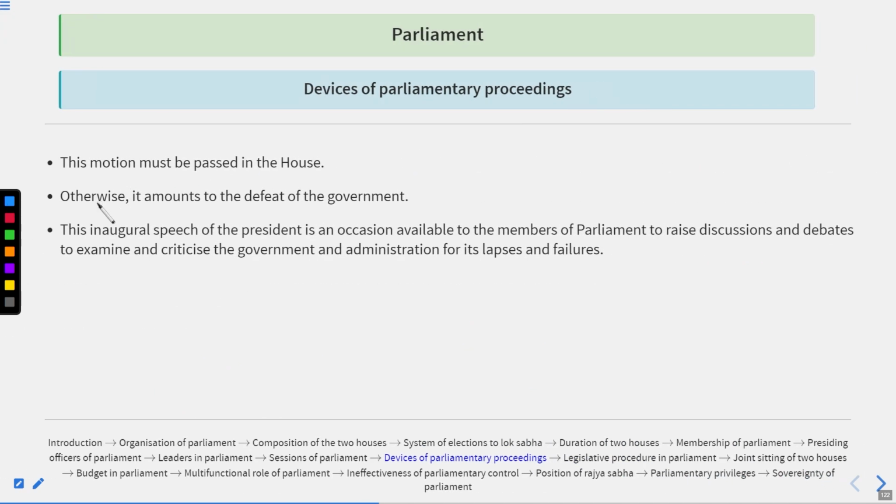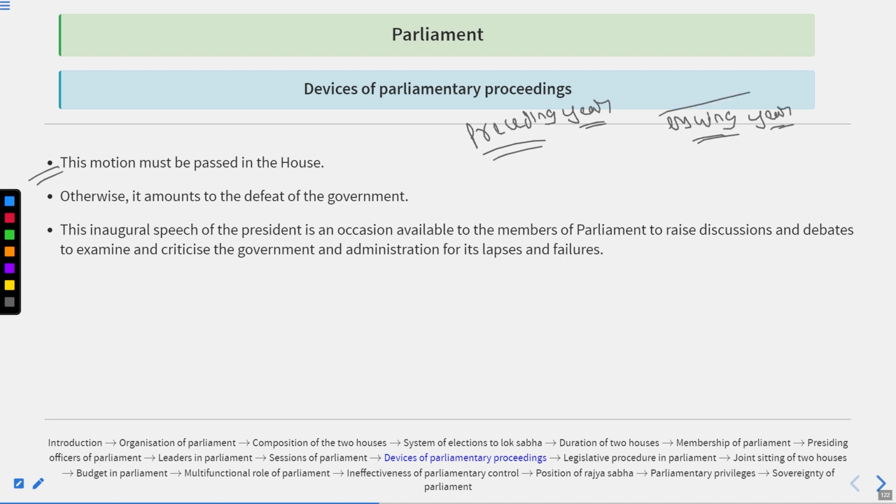And there are some other relevant facts with this, like this motion must be passed in the house, otherwise it amounts to the defeat of the government, whatsoever the government did in the preceding year. All right, and whatsoever the government will do in the ensuing year.